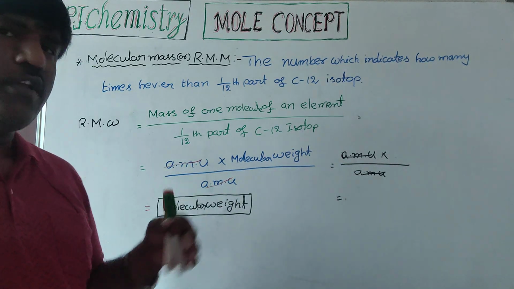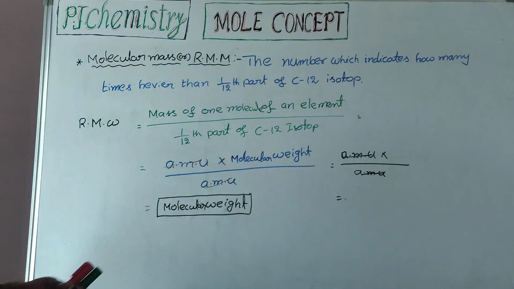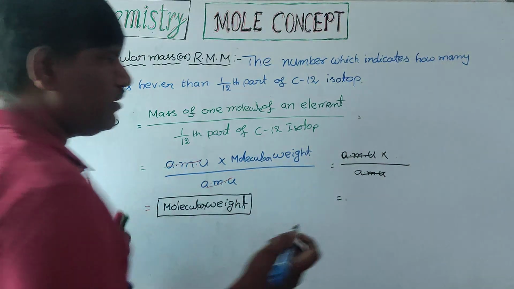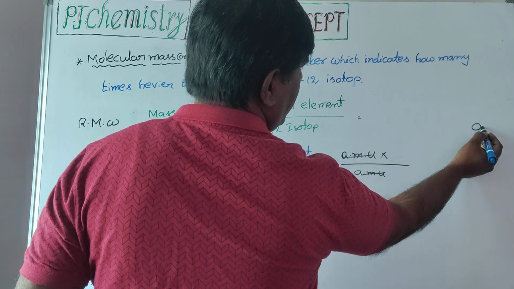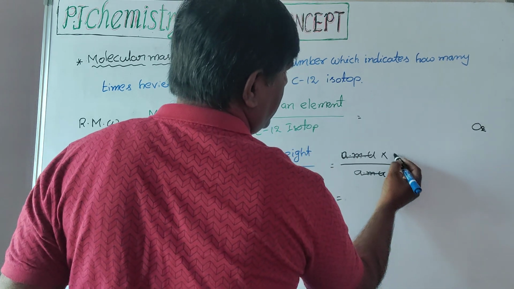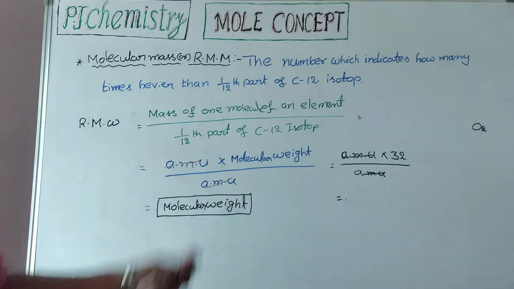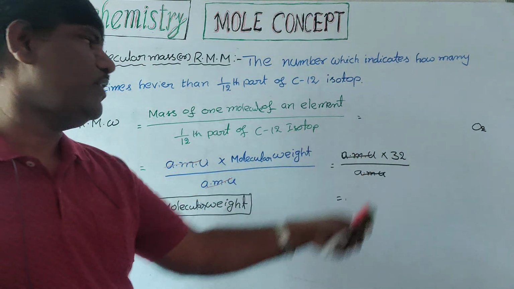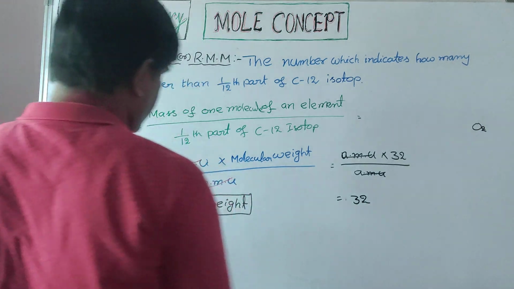Oxygen is a diatomic molecule, O2. O2 means 1 oxygen 16, 2 oxygens 32. It is the molecular weight of oxygen. Same way, AMU gets cancelled. Remaining: 32.